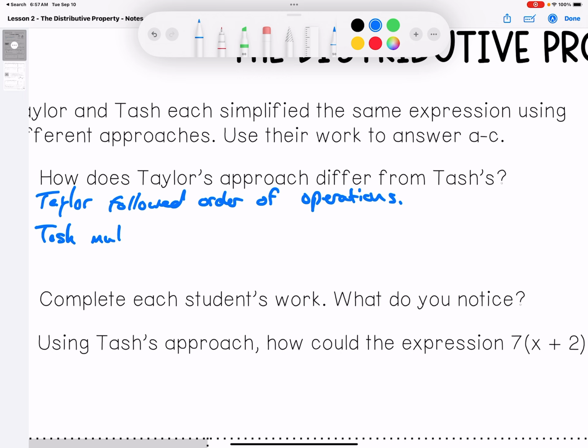Multiplied the number outside the parentheses by each number inside.